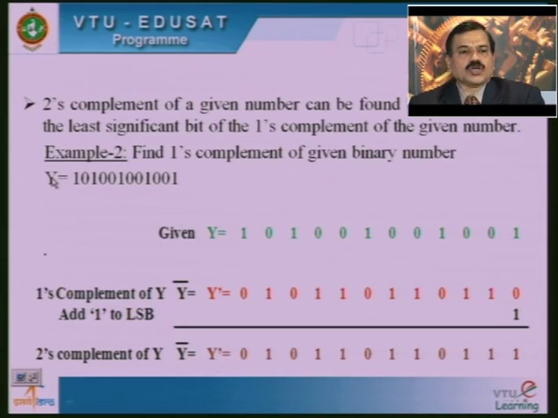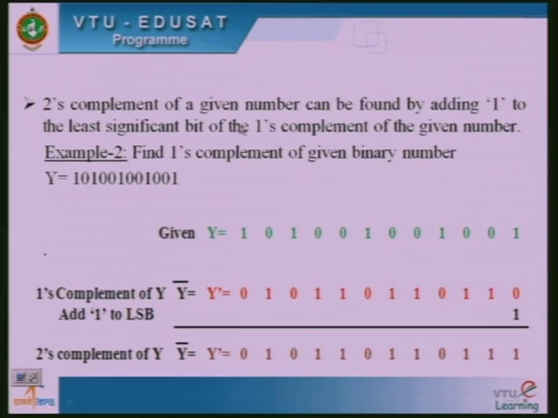Similarly, the 2's complement of a given number can be found by adding 1 to the least significant bit of the 1's complement number. The example we can depict here is the given number y equal to 1 0 1 0 0 1 0 0 1 0 0 1.